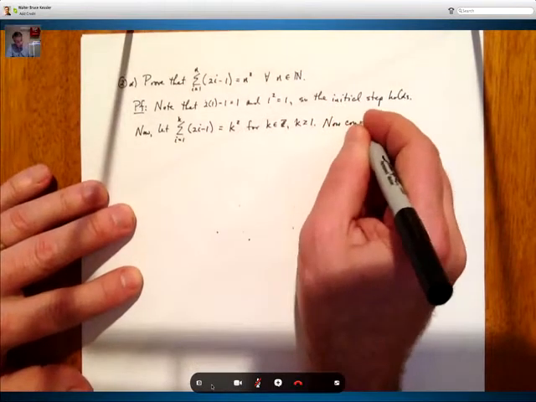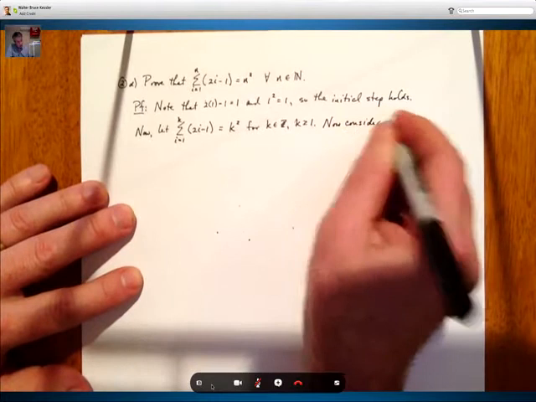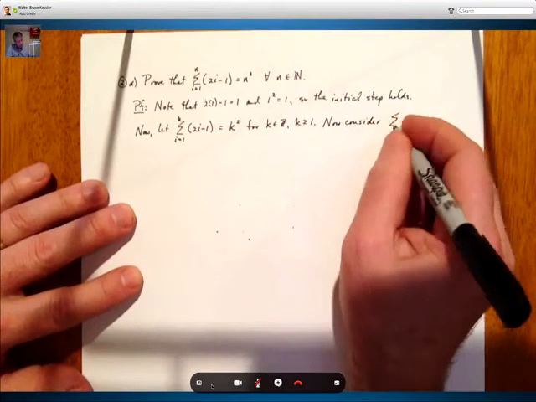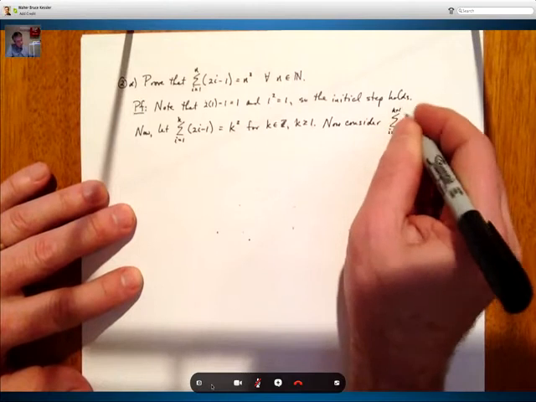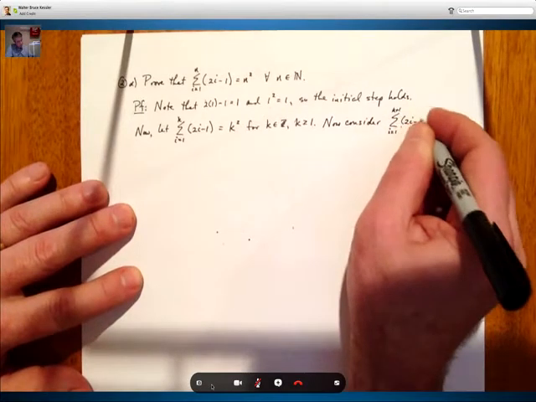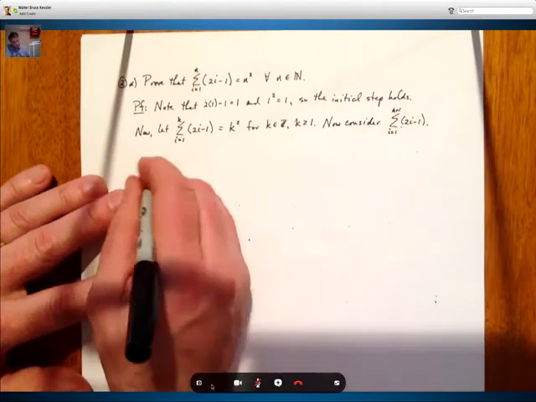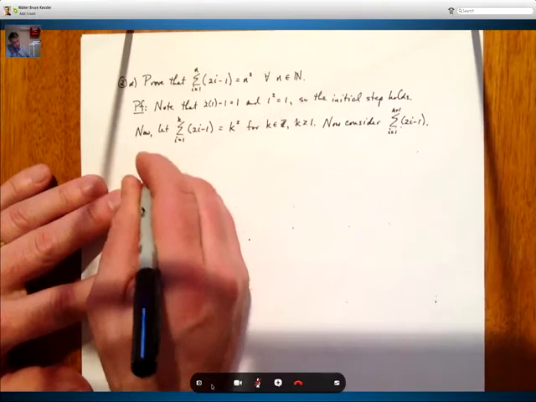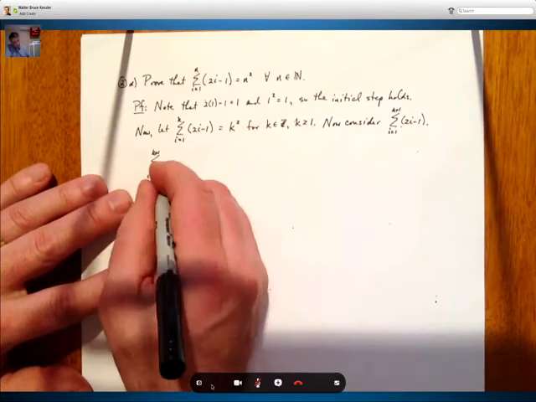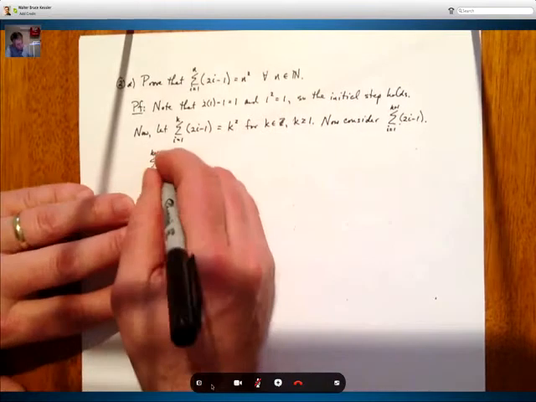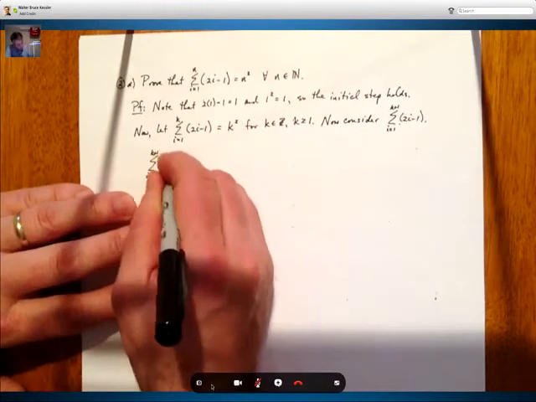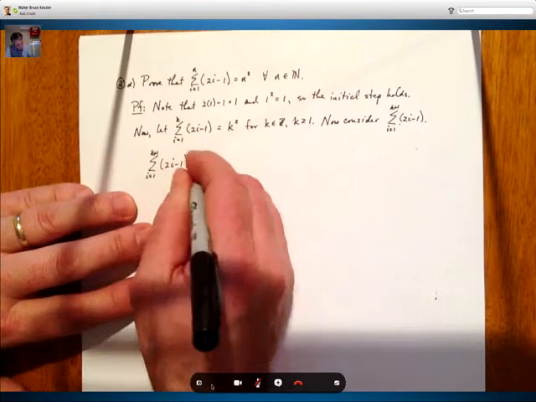Okay. And now let's consider what happens if we add up the first k plus 1 odd numbers, 2i minus 1. Now I can't say it's equal to the formula, right? I have to figure that part out.